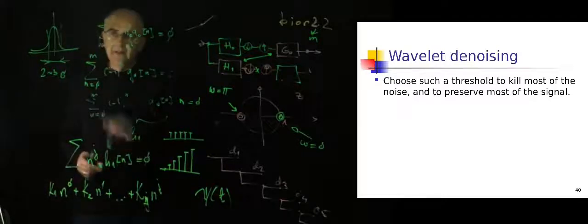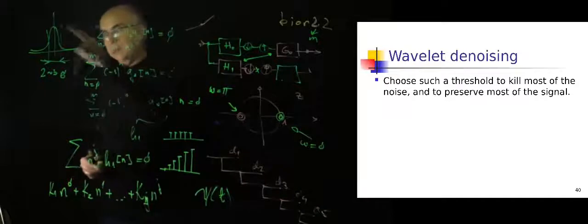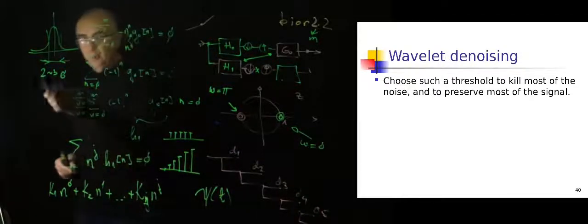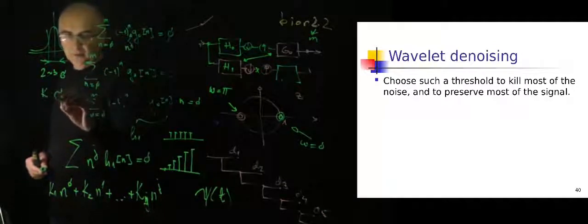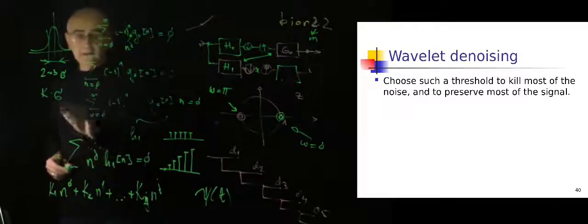If you use orthonormal wavelet filter banks, so the amplitudes are not changed, choosing the threshold, which is proportional to the deviation of the noise, is a good idea.